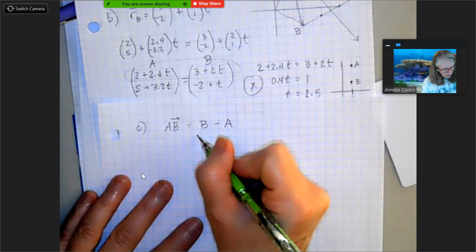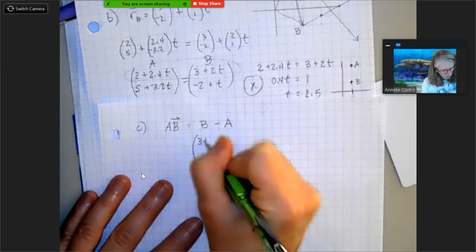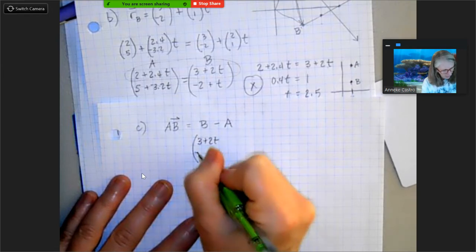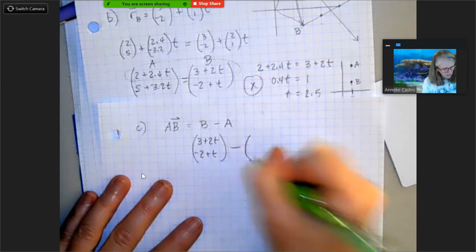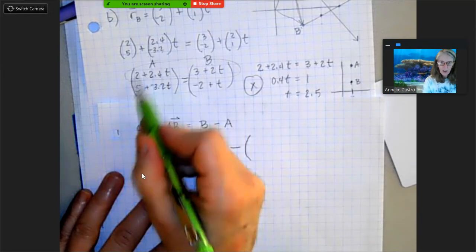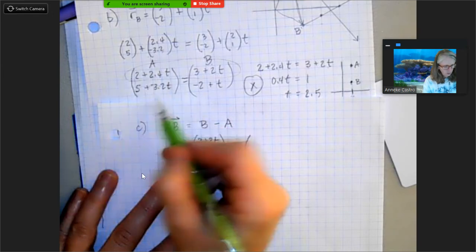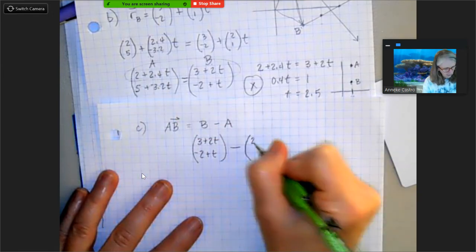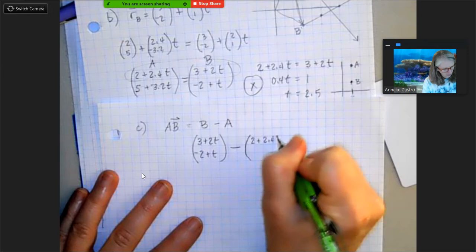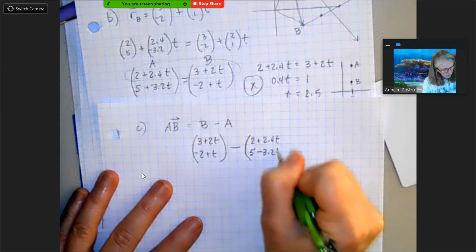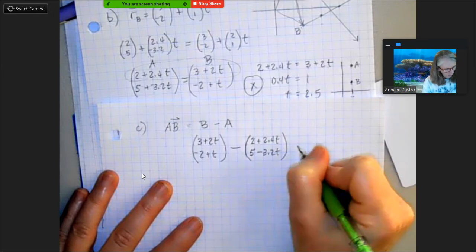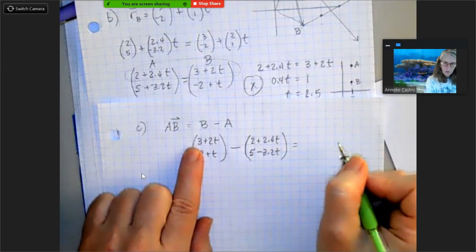So B is going to be 3 plus 2t, negative 2 plus t. And we're going to subtract the coordinates of A. The coordinates of A is right here. Because again, we don't know exactly where it is yet because we don't know what t is. Okay, so there's the coordinates of point A. Now if we subtract them, let's go ahead and simplify this.